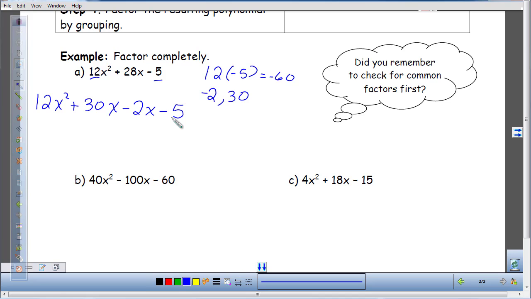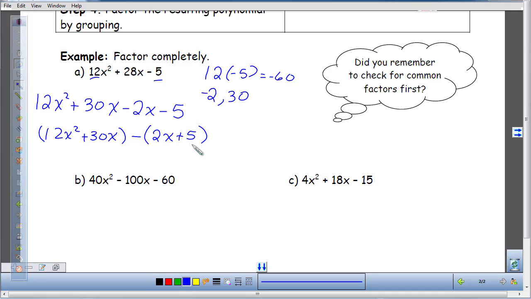So I group 12x squared plus 30x. Here, when I put the minus inside parentheses, we're going to have 2x plus 5. We factored off a -1 when we put the parentheses there.